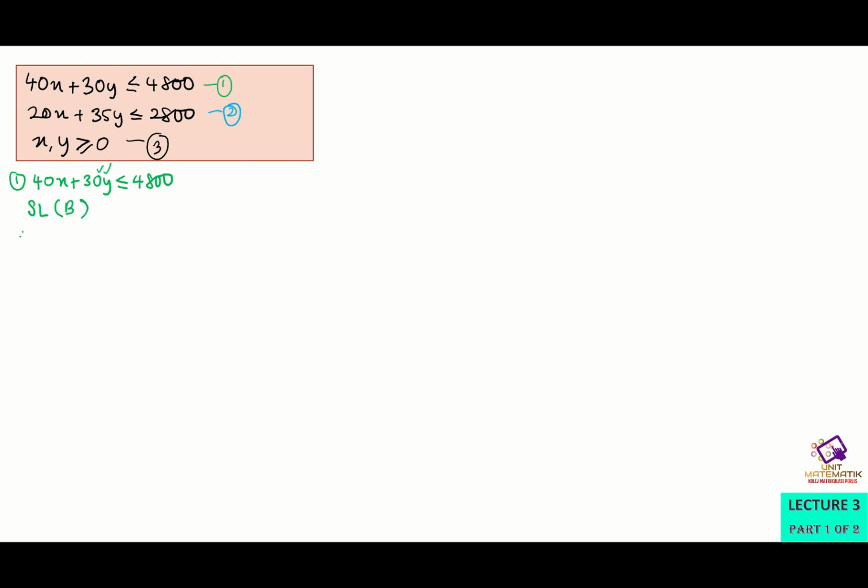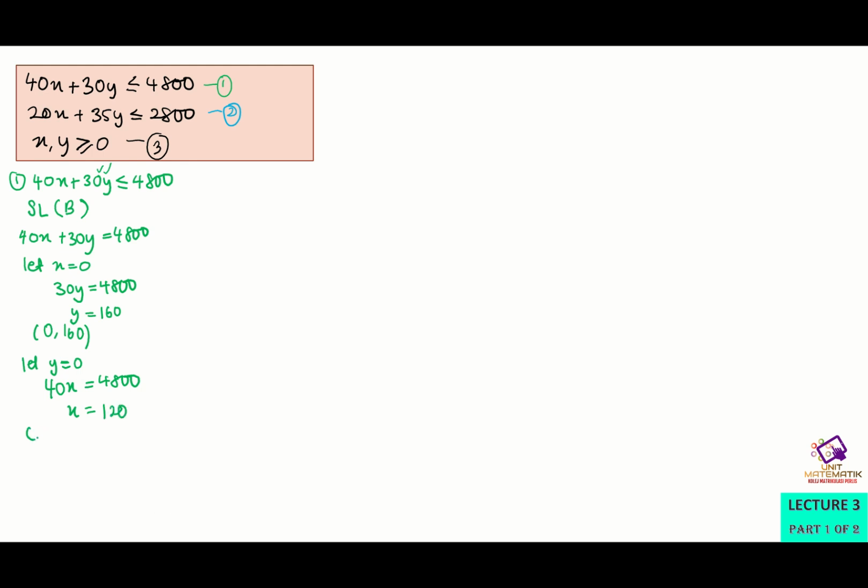So the next step, we need to write 40x plus 30y equals to 4,800. Then let's find 2 points. Let x equals to 0. 30y equals to 4,800. Then your y will be equal to 160. So the first point is (0, 160). Okay, and then let y equals to 0. Okay, so you will have x will be equals to 120.